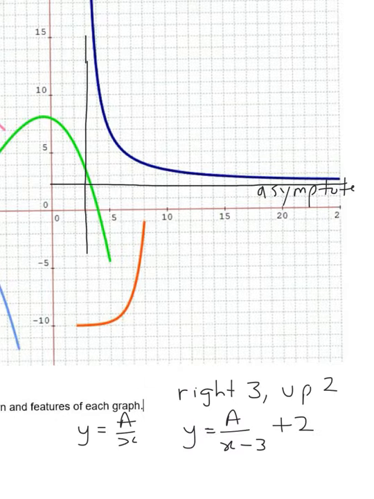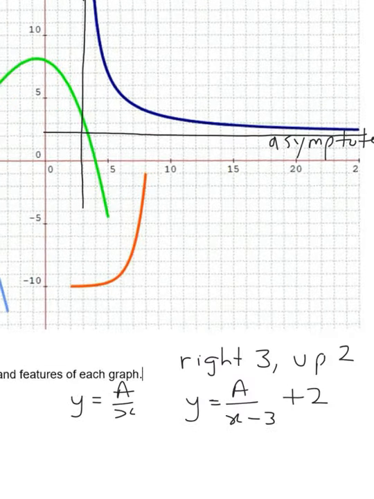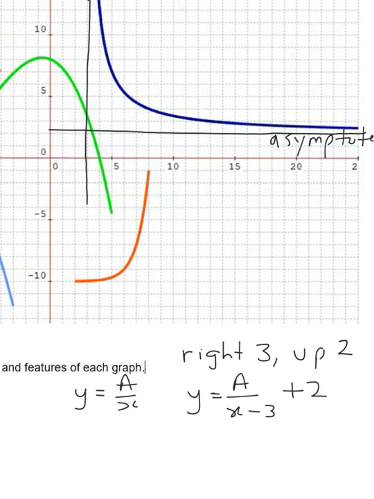To find the a value, we need to look at the centre of our asymptotes and how far to a point on the graph there. We've gone across 5 squares and up 2 squares. 5 times 2 is 10, so a equals 10.